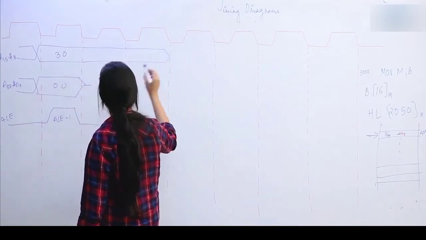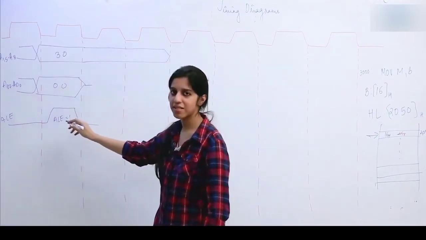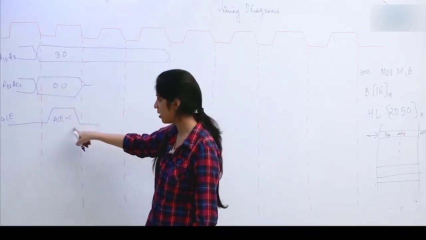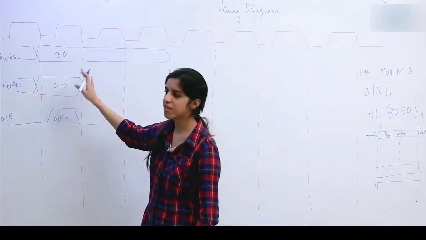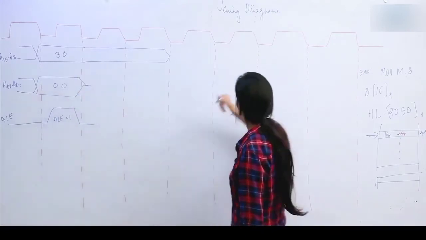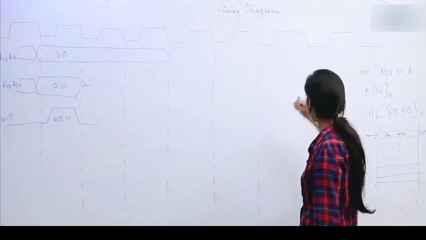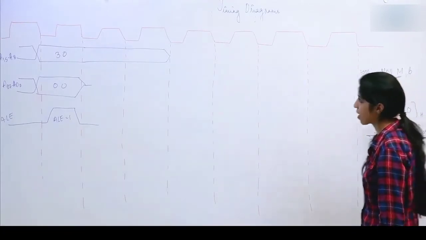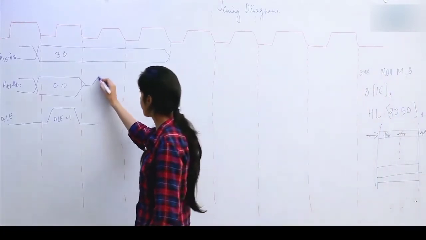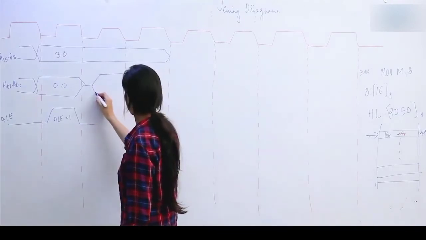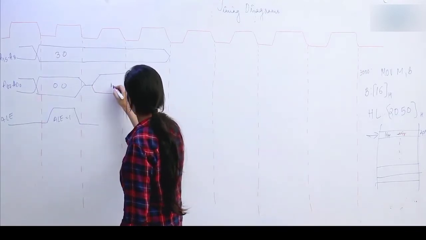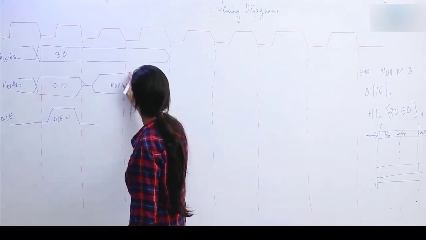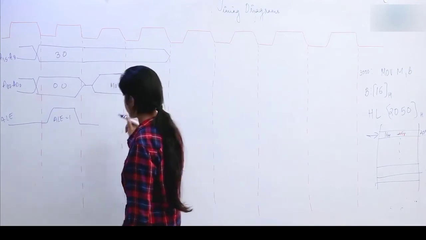Now what happens in the next cycle? As soon as you make this ALE 0, that is address latch is not enabled, this does not behave as address bus and behaves as data bus. What data is going to come in this data bus? See, data stored at location 3000 is MOV M, B. So you are going to get MOV M, B loaded in the data bus.